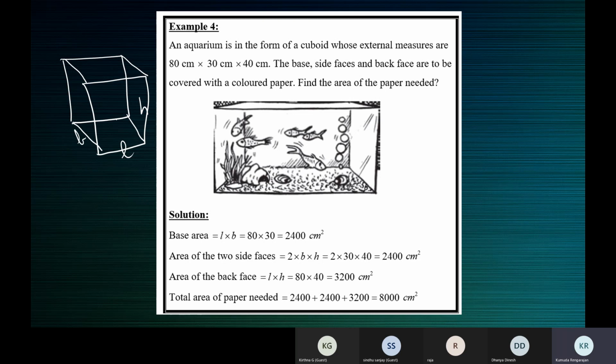Of the 6 faces, 4 faces are covered with paper. So you need to find the area of these faces. Add all the areas to find the total area of paper needed.